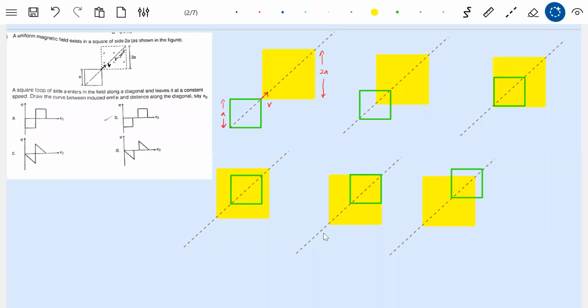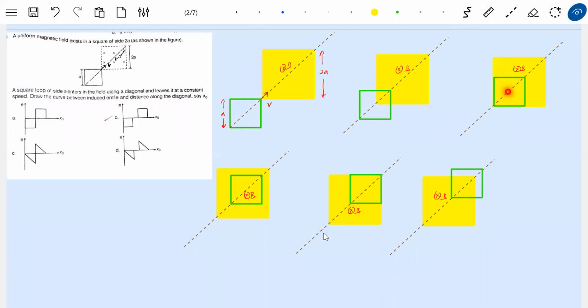Options A and C are ruled out because for this time you can see there won't be any EMF induced from here to this position. So what is the net field? What about the EMF induced for this particular interval of time?